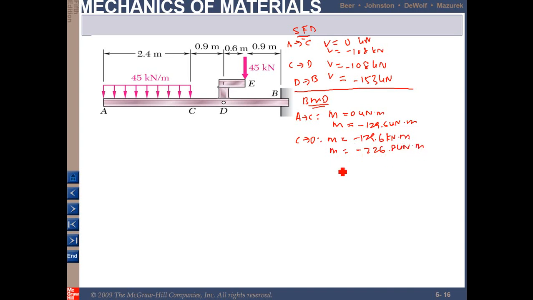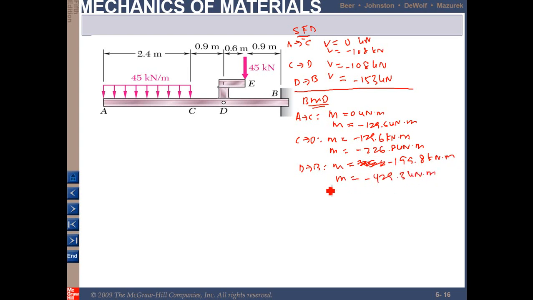And then from D to B, you have M equal to minus 199.8 kilonewton meter, and then you also have moment equal to minus 429.3 kilonewton meter.